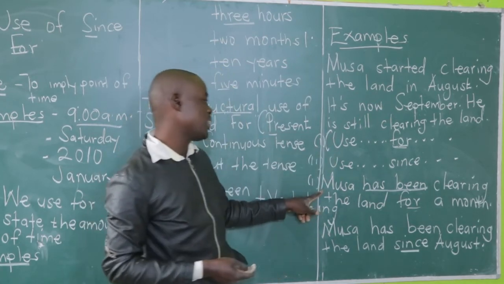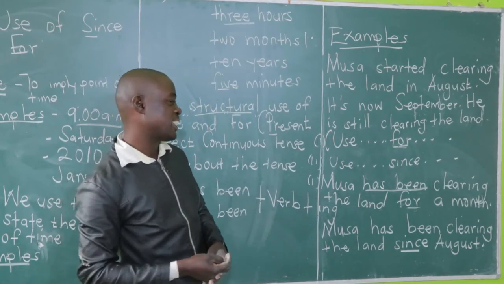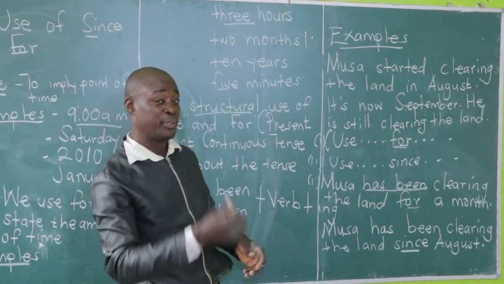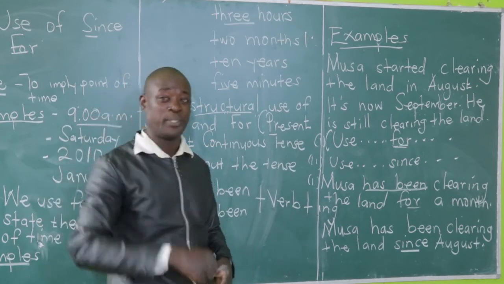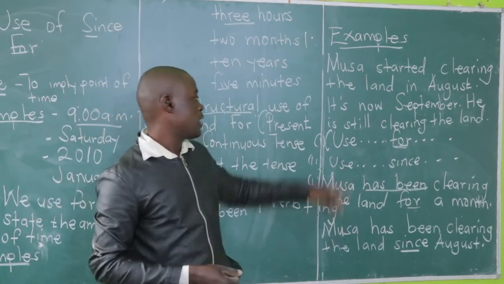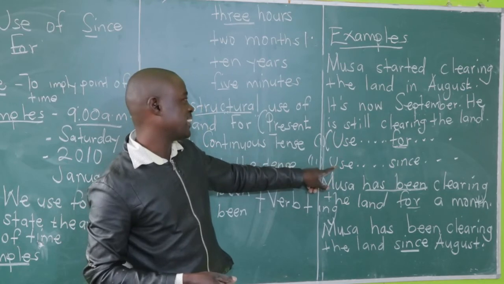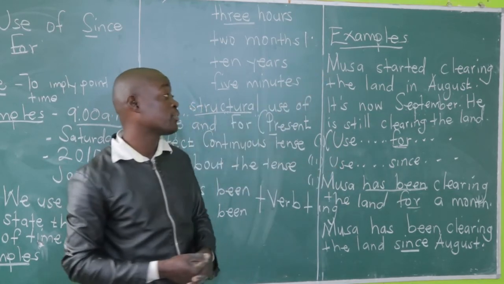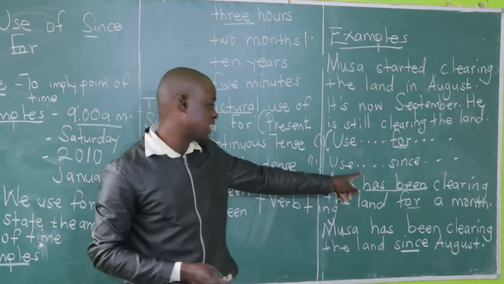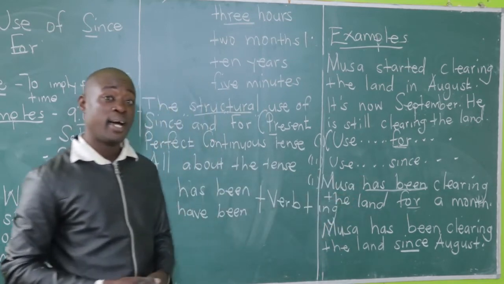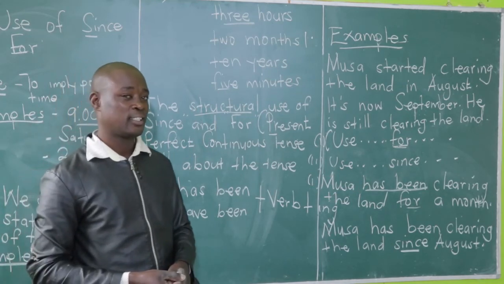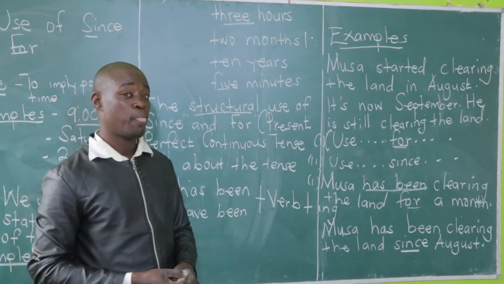The answer is going to be Musa has been clearing the land for a month, implying Musa started some time back and is still doing the same. Now, number 2, we are using since. Musa started clearing the land in August. It's now September. He's still clearing the land. We're using since, and the answer is going to be Musa has been clearing the land since August. So you see the difference?